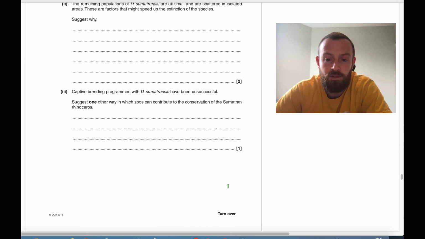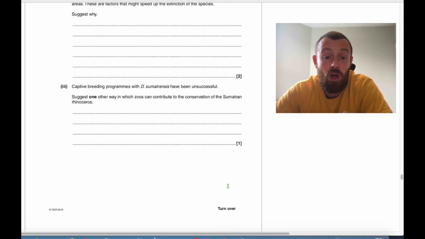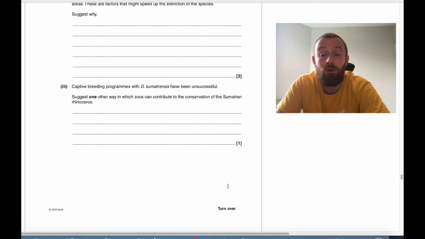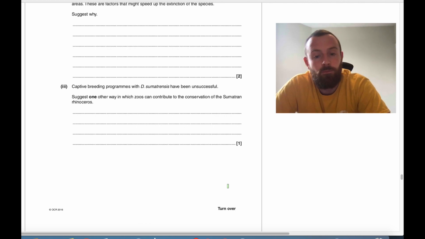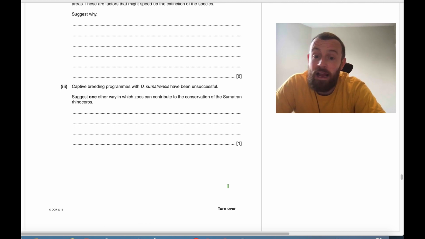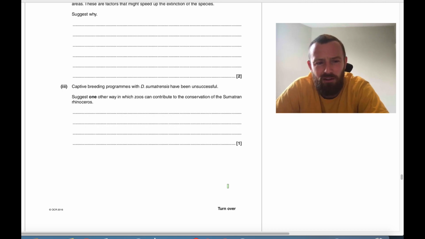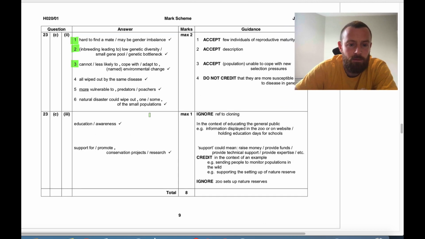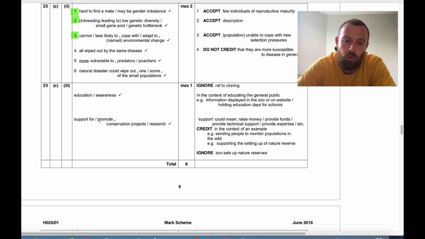Captive breeding programs have been unsuccessful. Suggest another way in which zoos can contribute to the conservation of the Sumatran rhinoceros. Well, things like education, things like increasing the area of land for the national park, that sort of stuff. Those are things you could do in the mark scheme: education, awareness, support for or promotion of conservation projects or research.